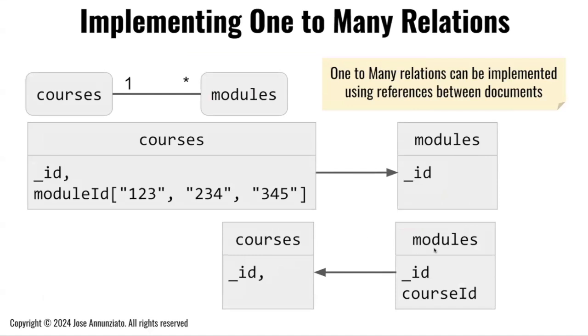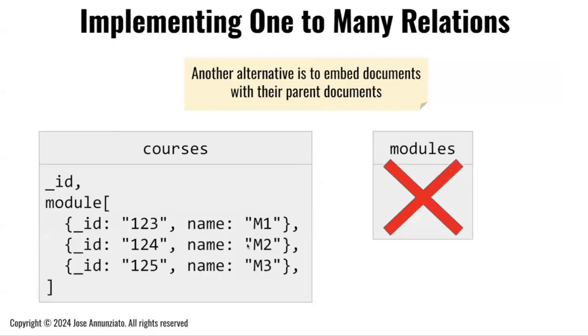There's no need for modules to have a reference back, or to even have an additional table, because you would never access a module outside of the context of a course. You would never ask for a list of all the modules outside of a particular course. It just makes no sense. So this would be a completely great option in this case.